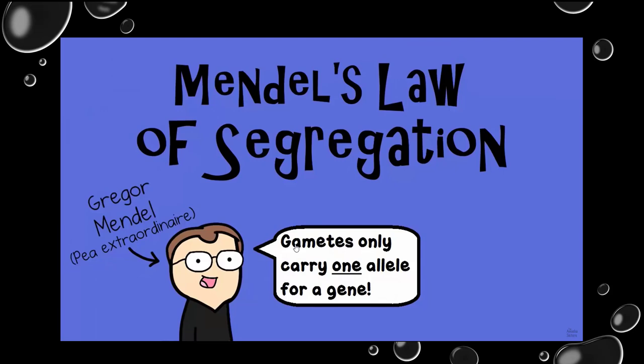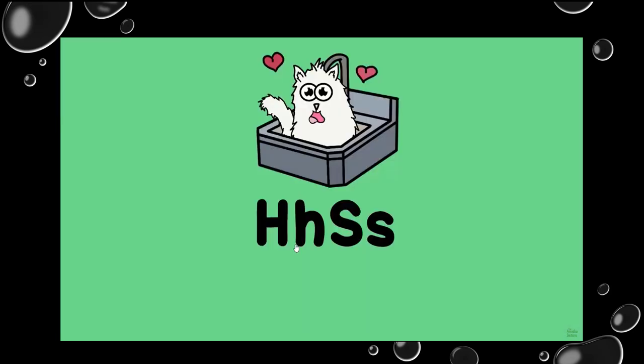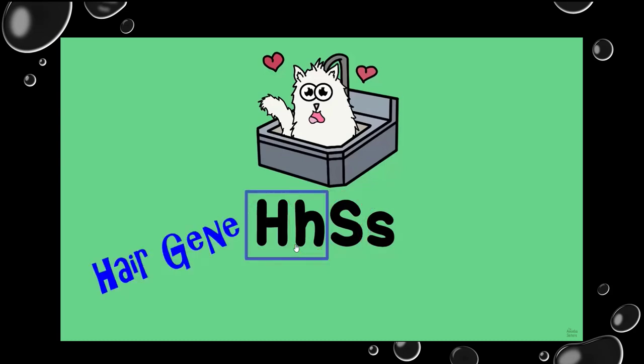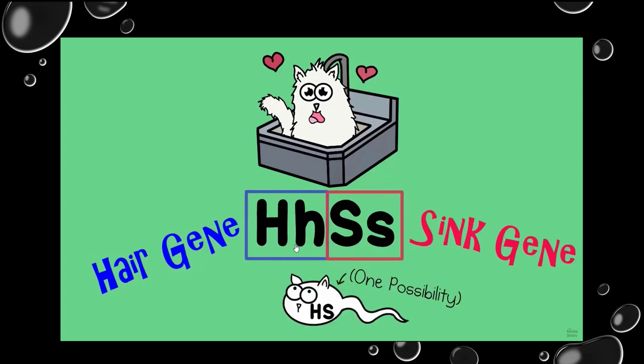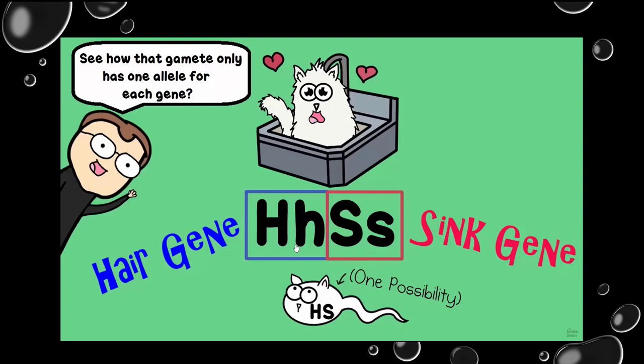Well, if you had a cat that is big H, little h, big S, little s, then there are four alleles there. Two genes, one involving hair and one involving sinks. So if gametes carry only one allele, a letter, per gene, that means that each gamete is going to have two alleles.